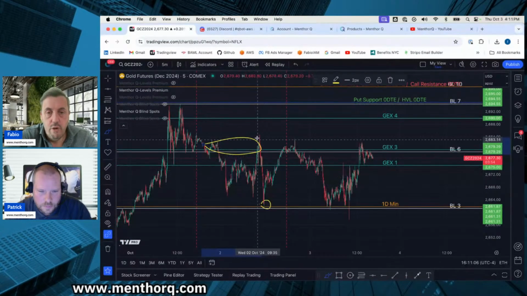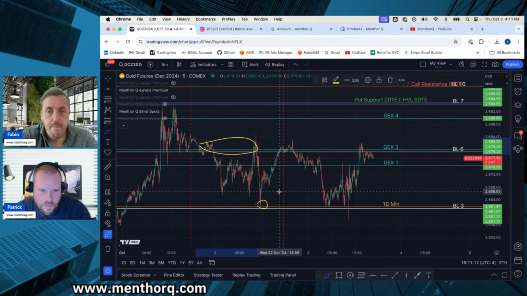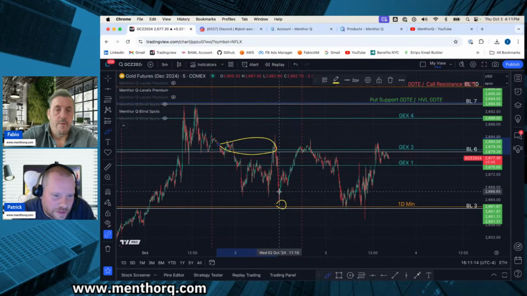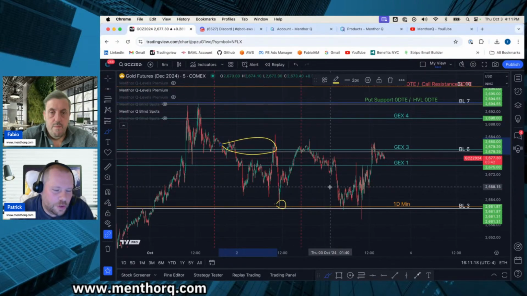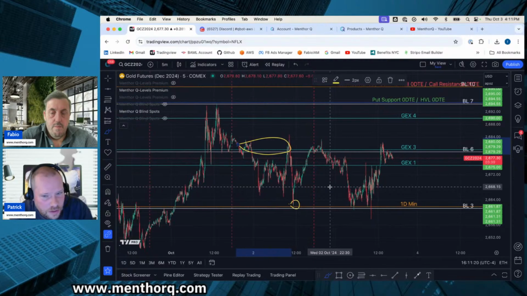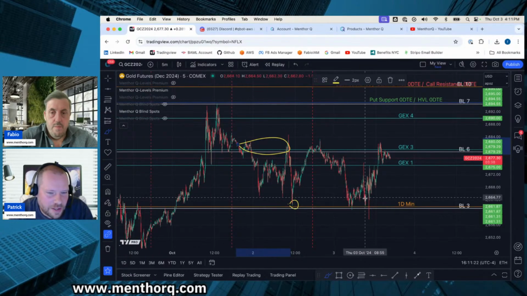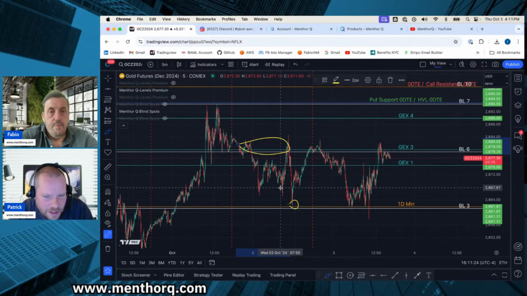We went all the way from a big down move to a big up move right there. If you knew this the day before, then you knew this could happen again today. We saw the day before that we reacted on these levels, and this was exactly the same game plan today.